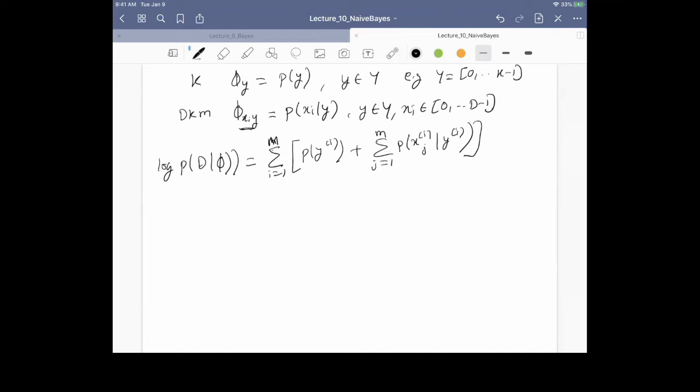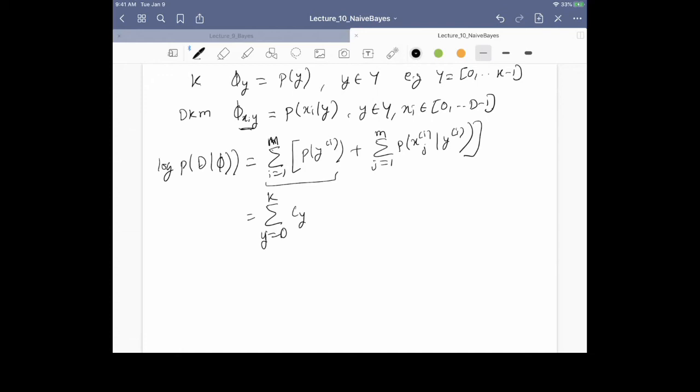So I'm going to rewrite this a little bit now to actually use the counts. Because I'm taking this sum and this y_i can take one of the values from 0 to k minus 1, I can rewrite this first expression as a sum, just reparameterizing a little bit, over y from 0 to k.